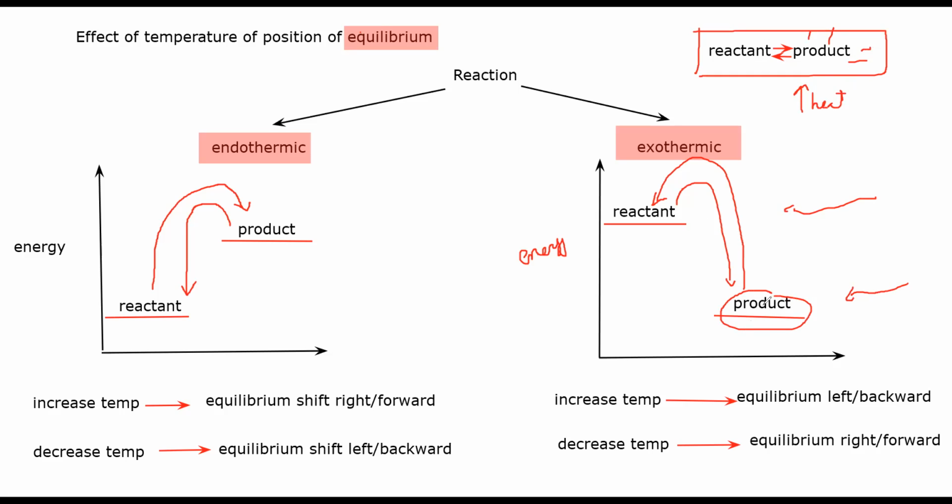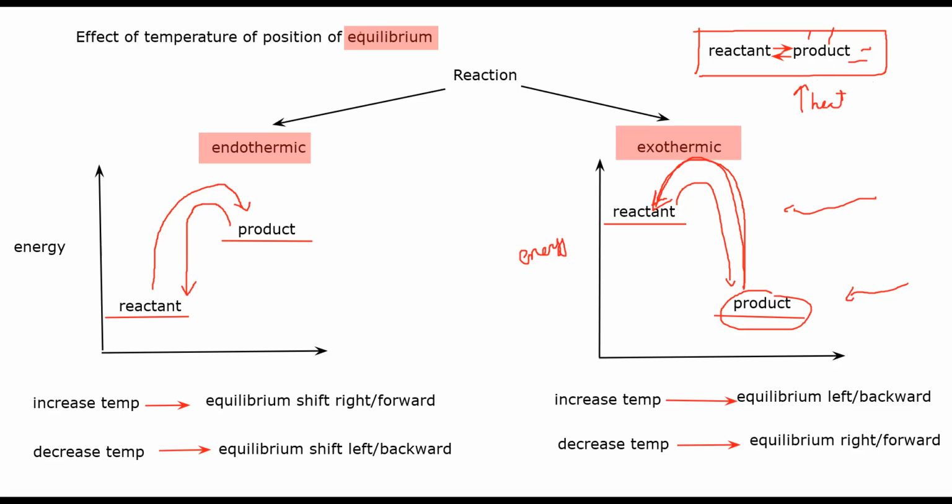The product. As the product absorbs energy, what will it form? It will form back the reactant. So heat is supplied to a container with both reactant and product, but because the product energy is low, most of the energy is absorbed by the product and it will form back the reactant.